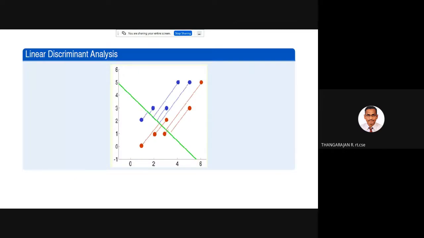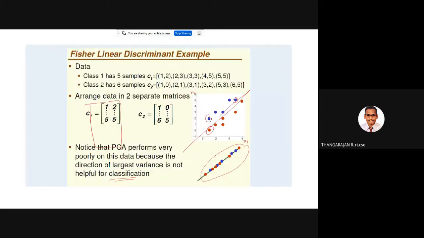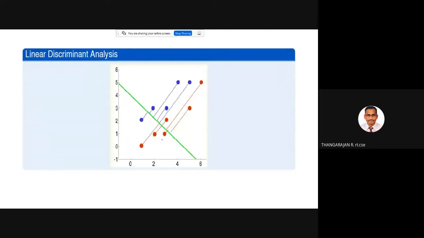So in linear discriminant analysis you have to find the line that is perpendicular to this. This was your PCA, and this line is your linear discriminant analysis.